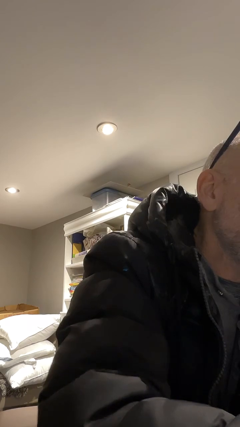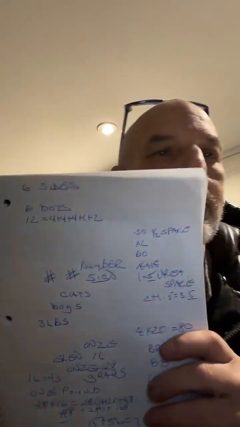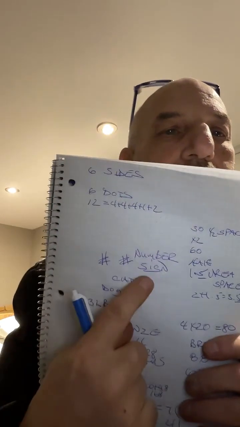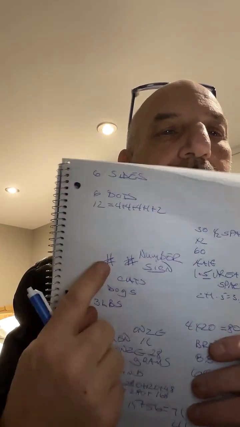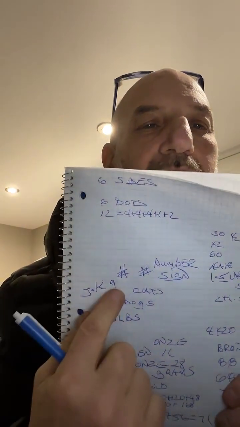But we also know that the number sign, the dog pound, splitting things up in 9, they also call it the K9. The crazy thing about this is they don't call it the J9. They call that the jaywalking.